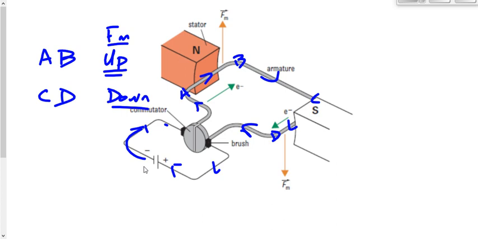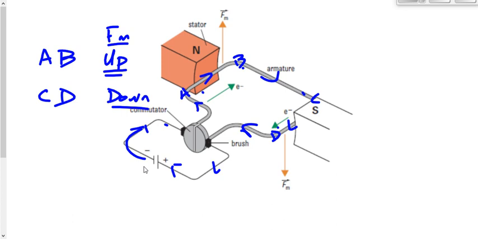It was AB, flips over, now AB is on this side. Now the current doesn't go ABCD anymore, like it is right here. The current goes DCBA.